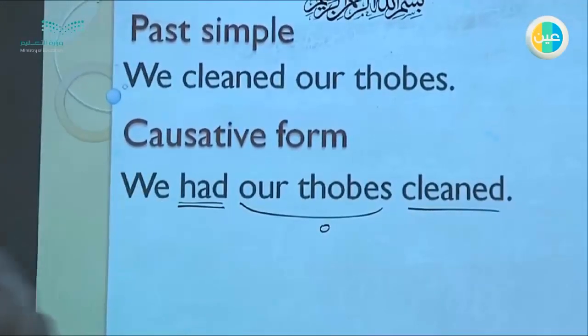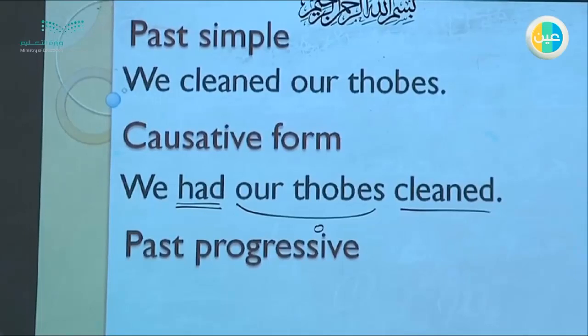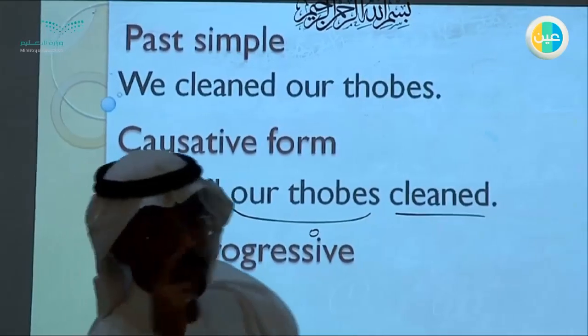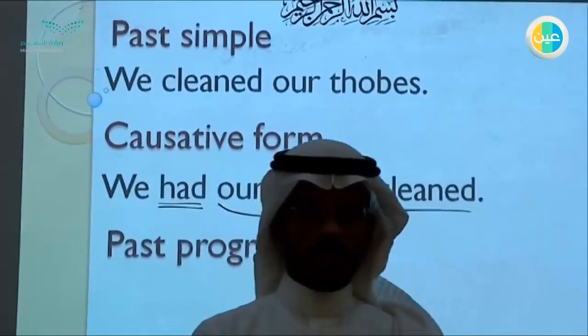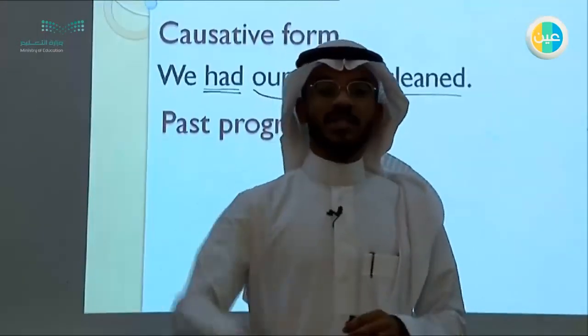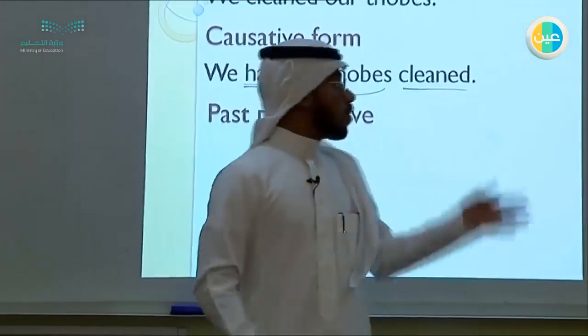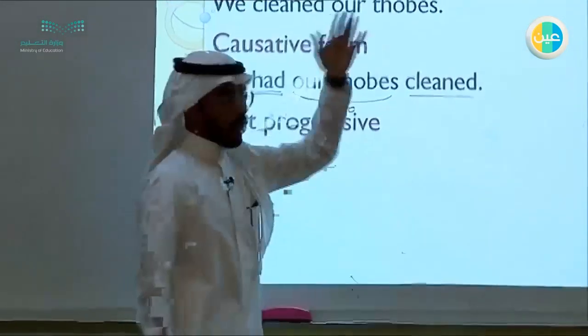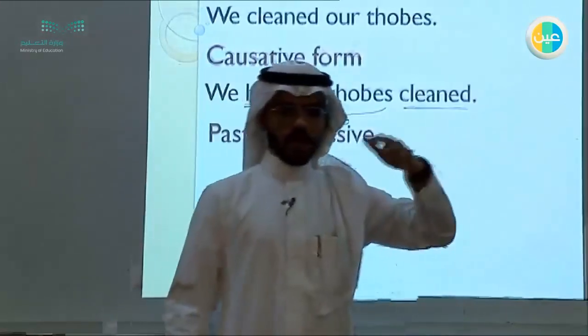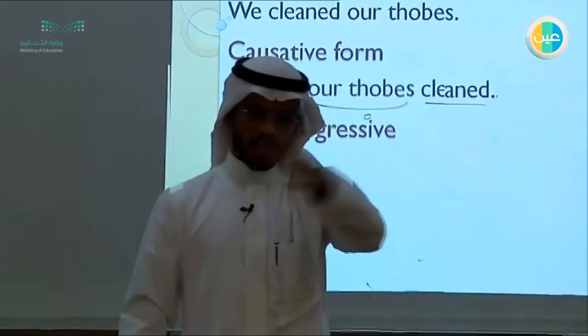Okay, let's take past progressive. We use past progressive also for something that happened in the past. For example, لو ناخذ الجملة هذه: we cleaned our thobes yesterday, this is past simple.